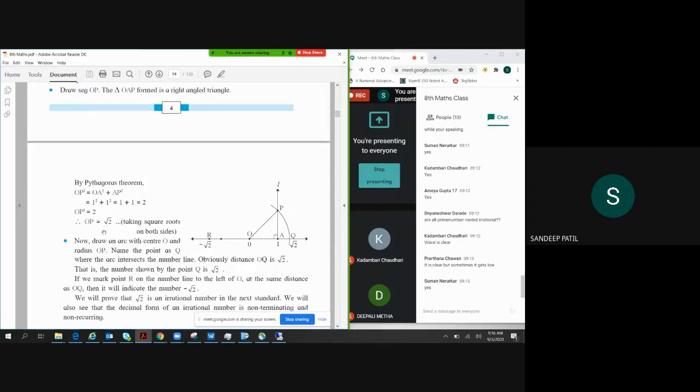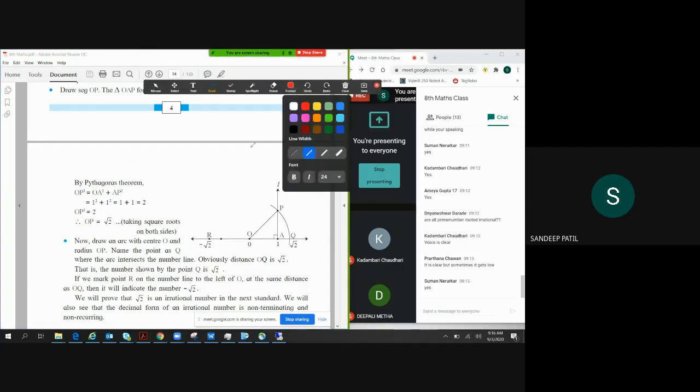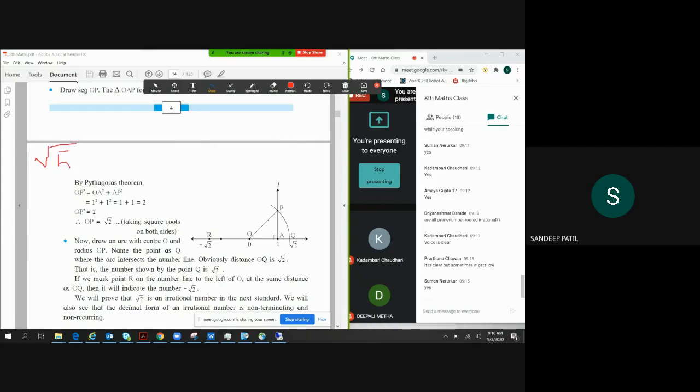So if I want to represent the number root of 5, very simple question, but I'm just trying to see how we can think of it.